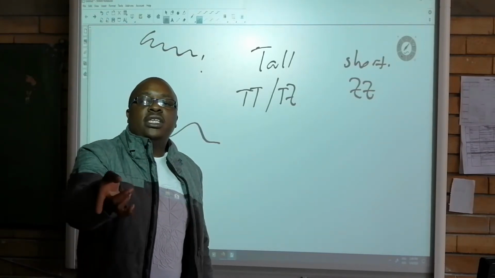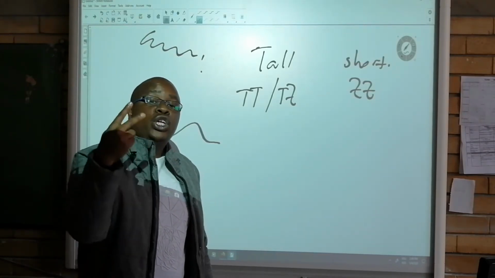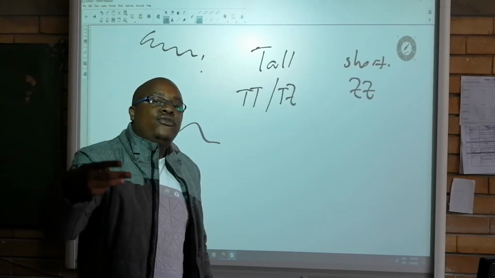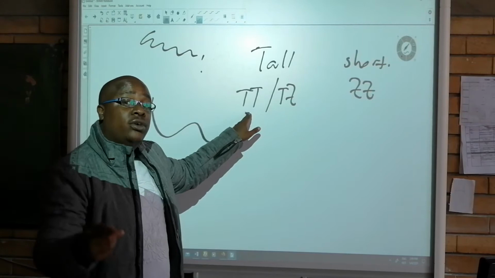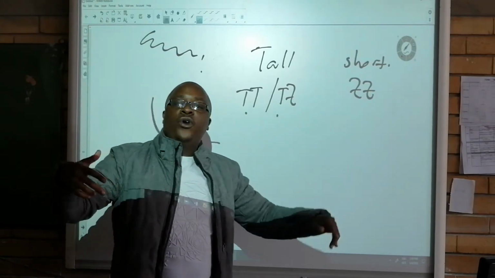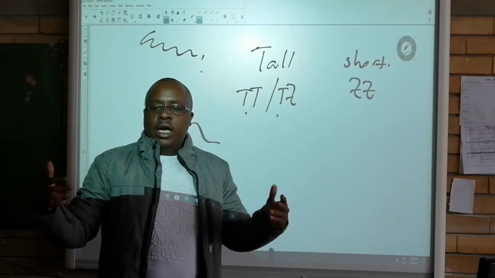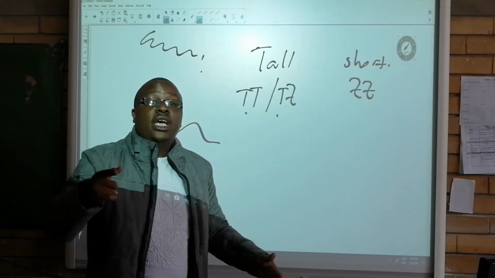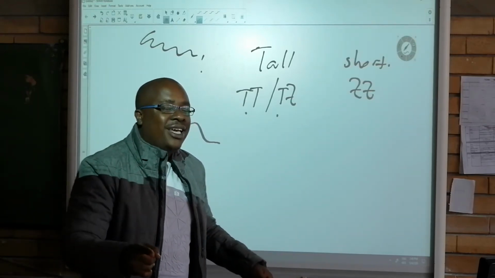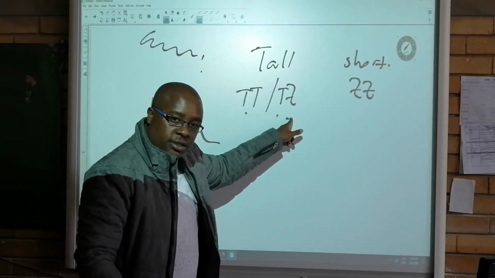And because tall is the dominant trait, you're going to have two genotypes that can give you that trait. You can either have homozygous dominant or heterozygous. So if you're asked that P plant A is tall, write down the genotype. You cannot conclusively write a genotype except to put down two options.